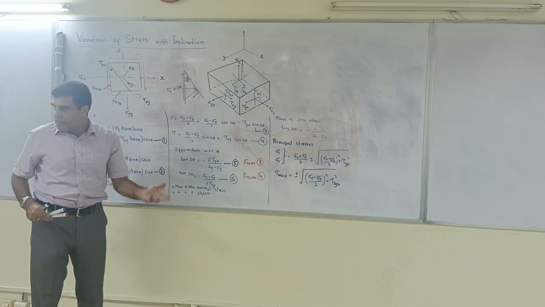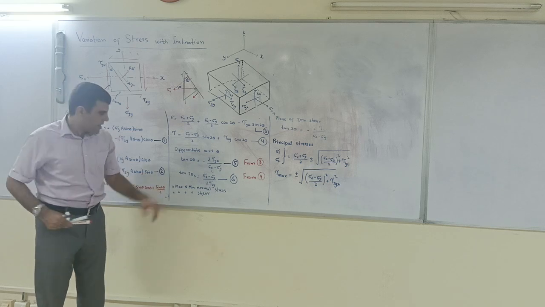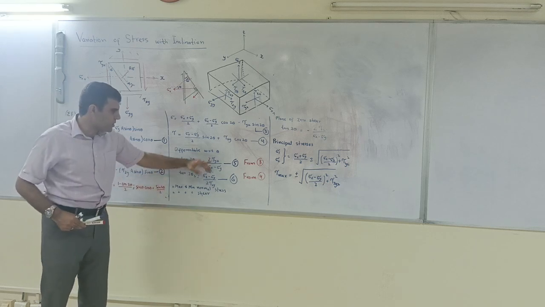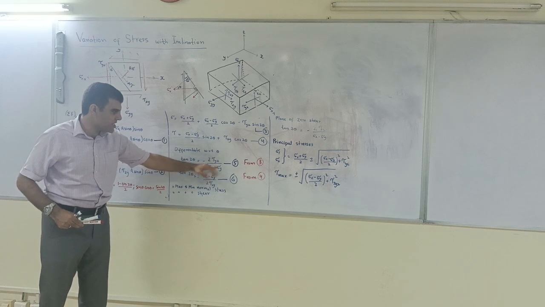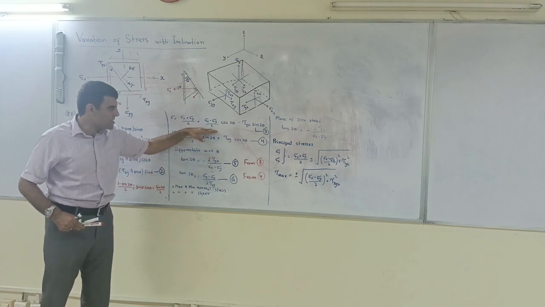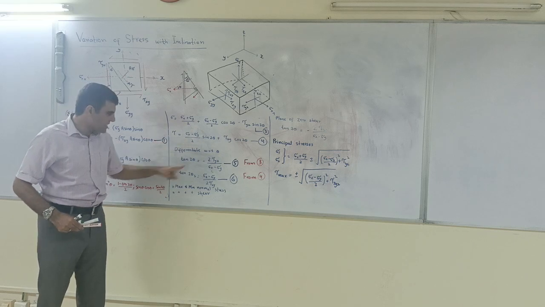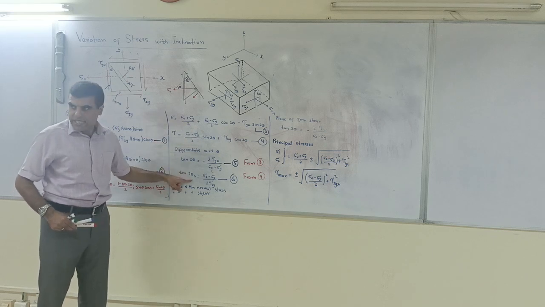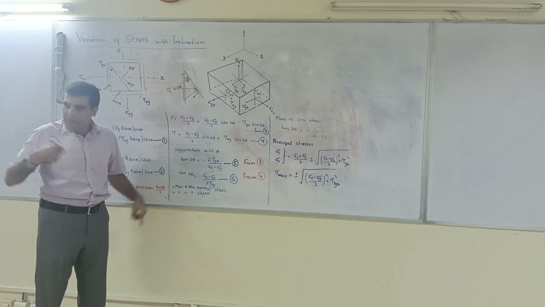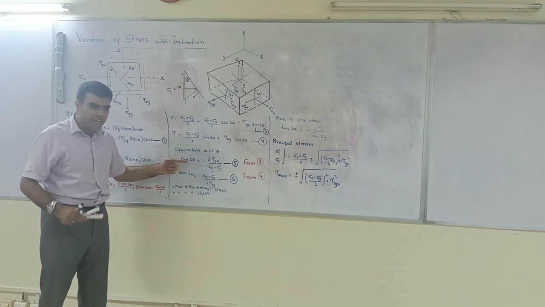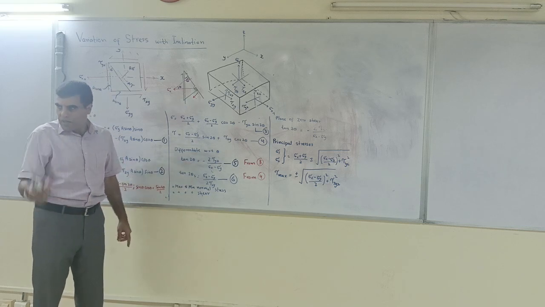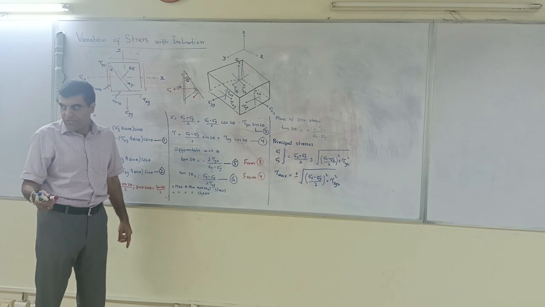So you get the maximum theta. You get tan 2 theta is equal to 2 tau yx over the difference of the stresses. This is from 3. You maximize this one and you maximize this one, and you get the plane which will give you maximum shear, and the plane which will give you maximum axial stress.